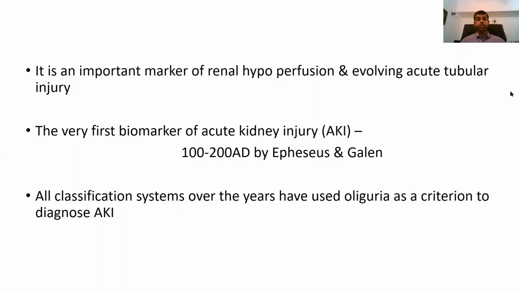At that time also people knew that oliguria is a biomarker of acute kidney injury. And over the years, all the classification systems of acute kidney injury have used oliguria as a criterion to diagnose AKI.